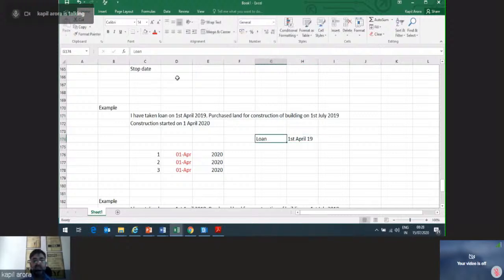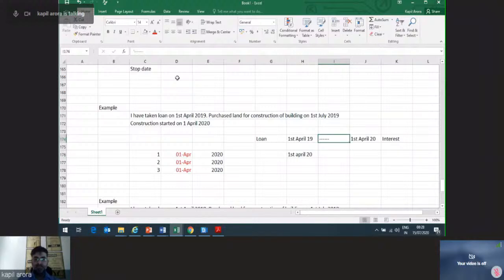So from 1st April 19 to 1st April 20, I am paying interest. Can the bank come and say that you are not doing any construction, so I will not charge you interest? Answer is no. The bank will still ask for the interest, and the loan still continues, and I am paying the loan further.